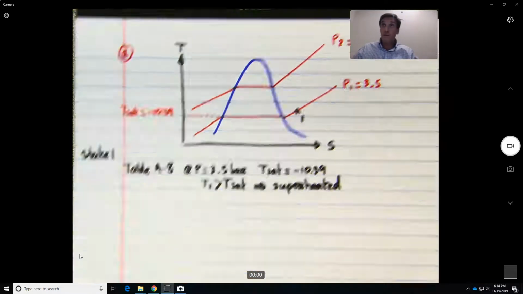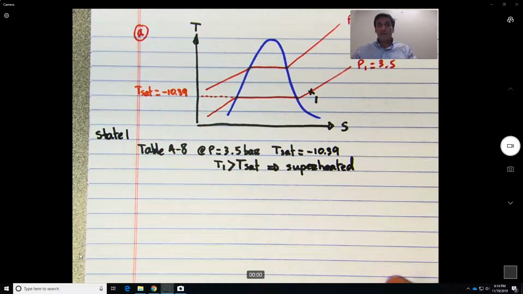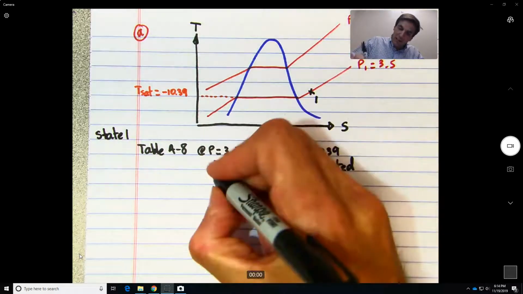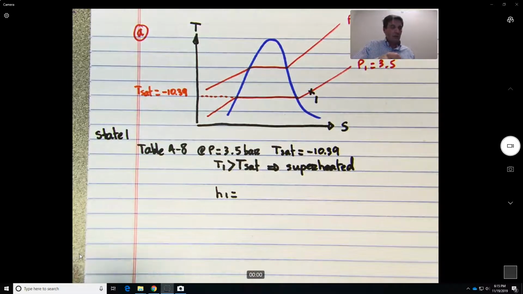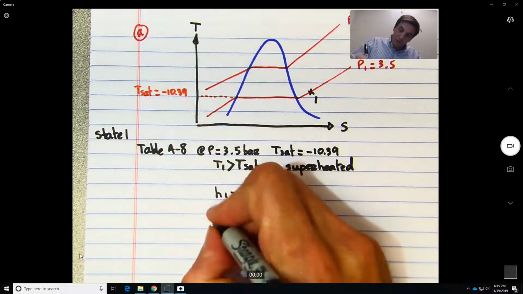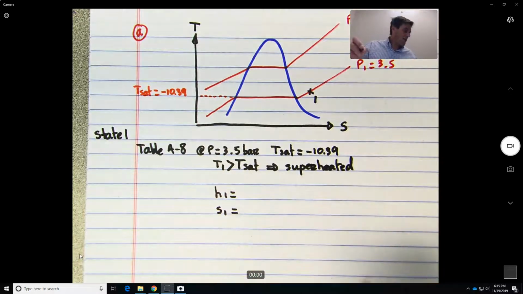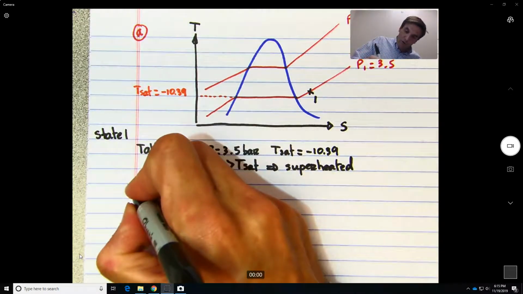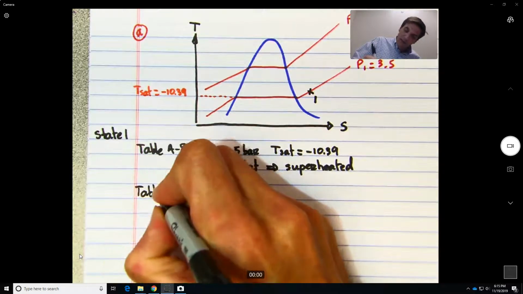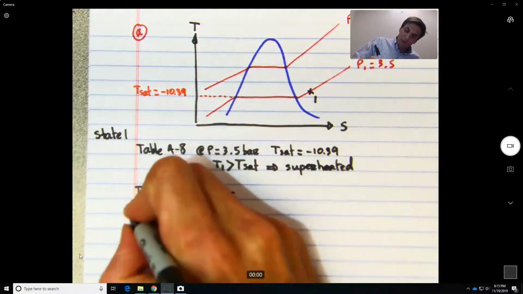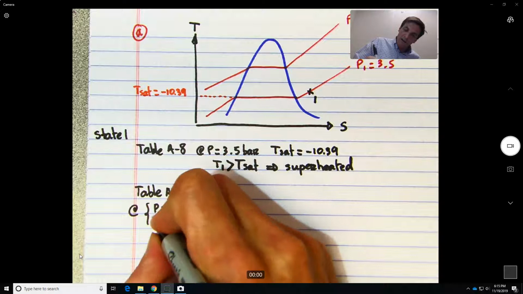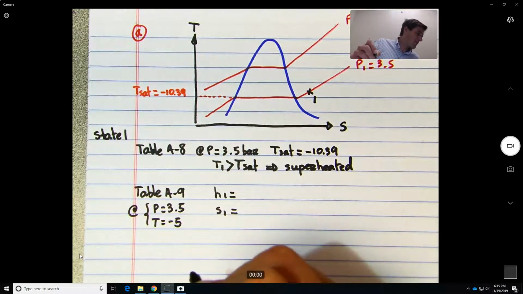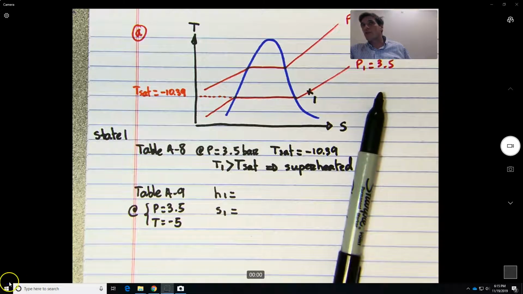Okay, so we might need more properties. So let's find what would be the values. So we might need H1. So that means we need to go to the superheated tables. So H1 and S1. So this time we go to table A9, and we need to know two things: at P equals 3.5 and T equal to minus 5 degrees Celsius.